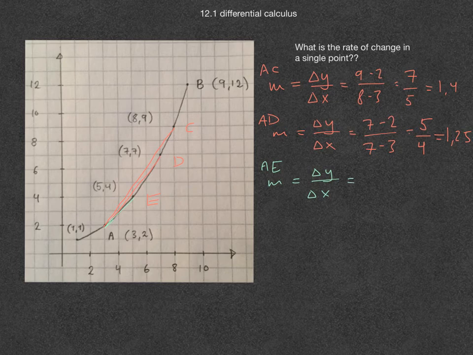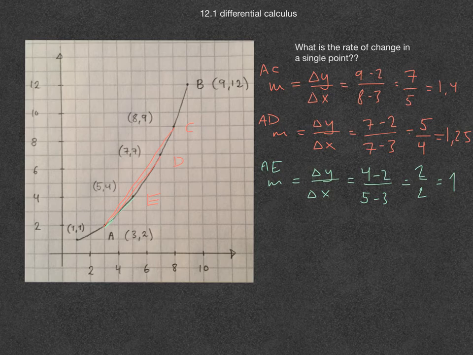And the coordinates for E is 5 and 4, so we have 4 minus 2, and we have 5 minus 3. 2 divided by 2 is 1. Yeah, and so the gradient of that chord is going to be 1.